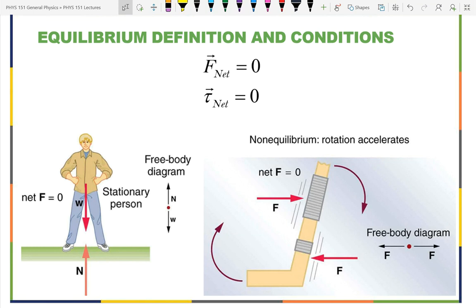Now we could apply this to the Leaning Tower of Pisa. The Leaning Tower of Pisa, okay, that's clearly exaggerated. If the Leaning Tower of Pisa was like this with the center of mass right here, and here's the base, would that be an equilibrium?